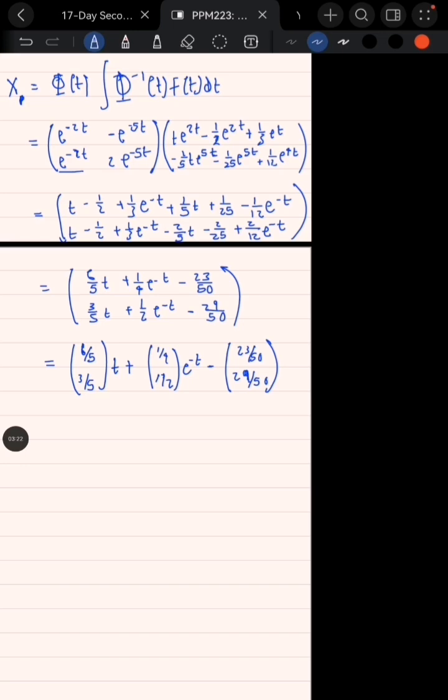Hence, the general solution will be the sum of the complementary solution with the particular solution.